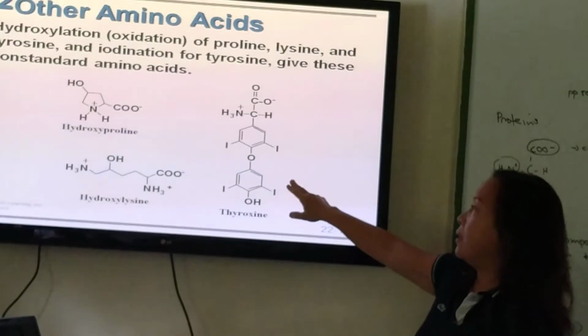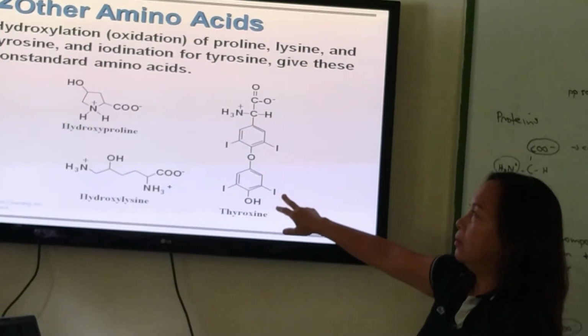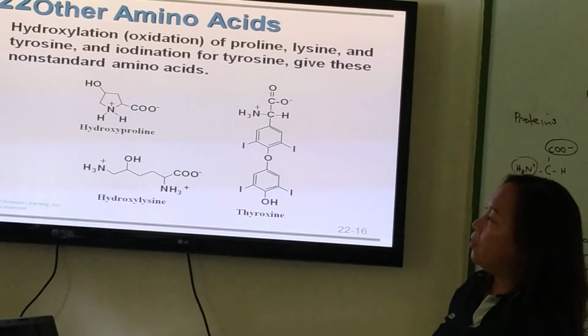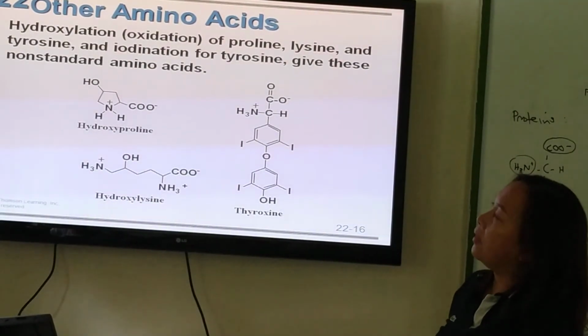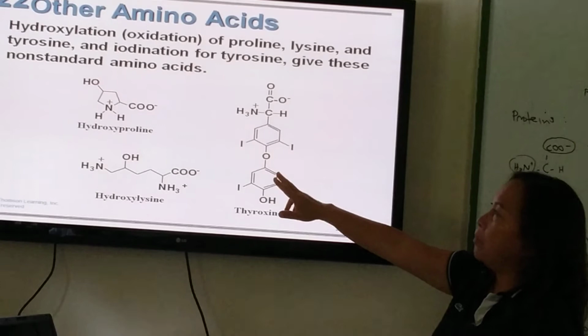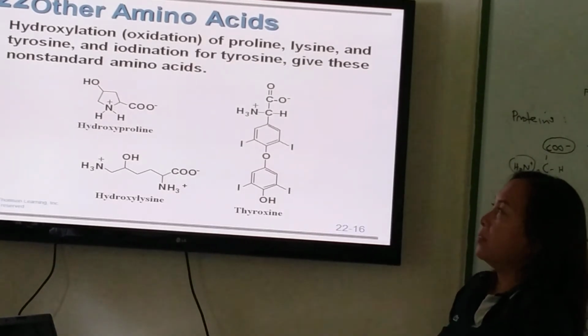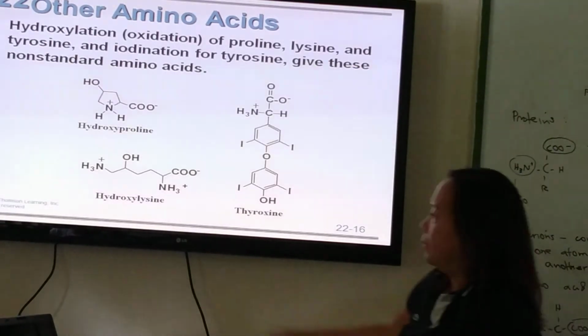This is no longer the standard form of our tyrosine. Then hydroxylation: while proline, lysine, and tyrosine would be oxidized, they would no longer be in their standard form.